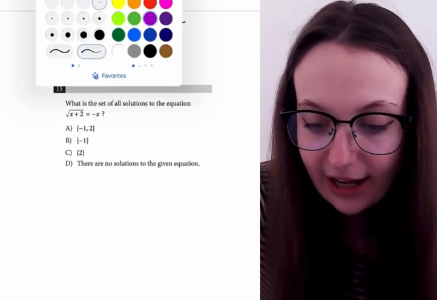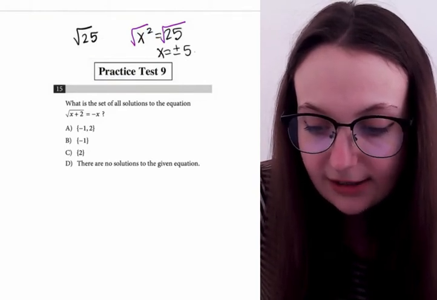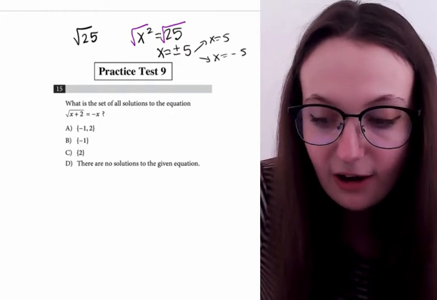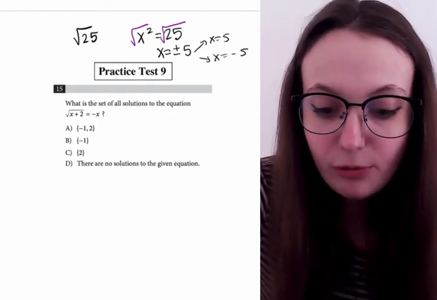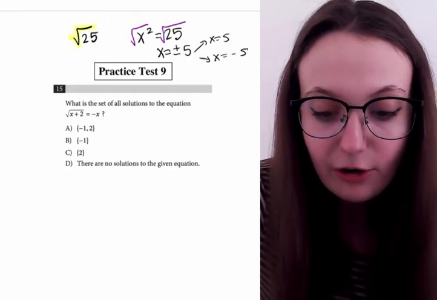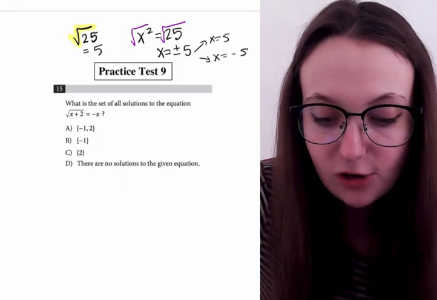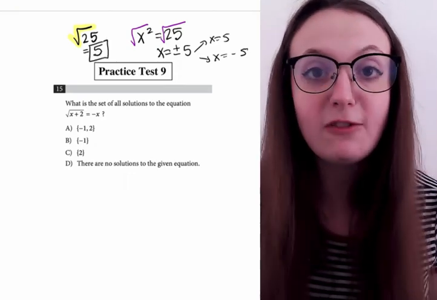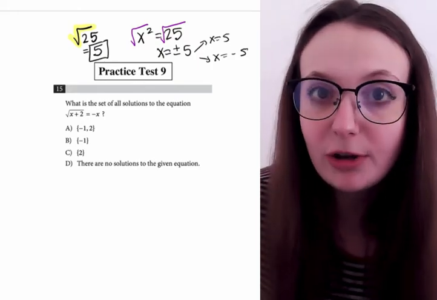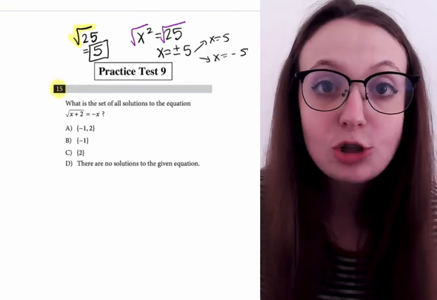So x is equal to plus or minus 5, which means that x can equal positive 5 or x can equal negative 5. However, when the square root is actually part of the problem, like you didn't put it there, it already came factored in, you just take the positive version, which means that the square root of 25 is just positive 5, no negative 5 included.